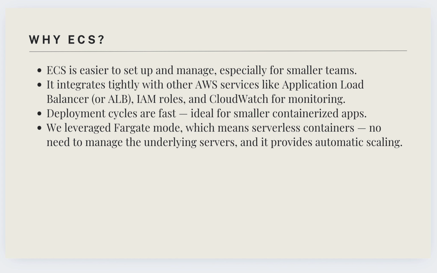So, why choose ECS? Here are the key reasons. ECS is easier to set up and manage, especially for smaller teams. It integrates tightly with other AWS services like Application Load Balancer or ALB, IAM roles, and CloudWatch for monitoring.